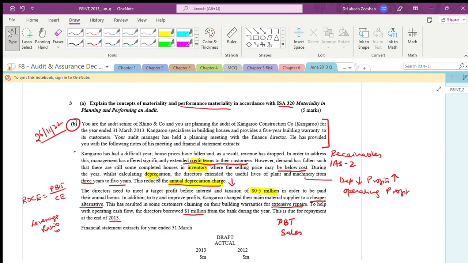To help the operating cash flow, they borrowed 1 million from the bank during the year. This is due for repayment at the end of 2013. At the end of 2013 means it is going to be repaid by December.